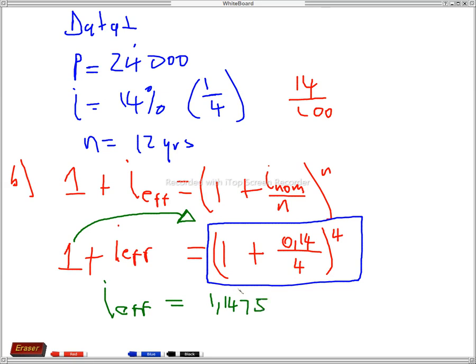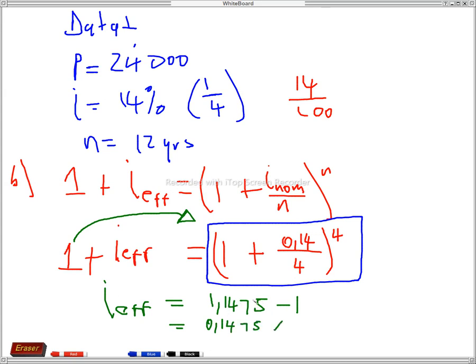My answer here is 1.1475. Let's round it off to 4 decimal places. Remember, you are going to transpose this 1 to the other side of the equal sign, so it's going to be minus 1, and I get 0.1475.